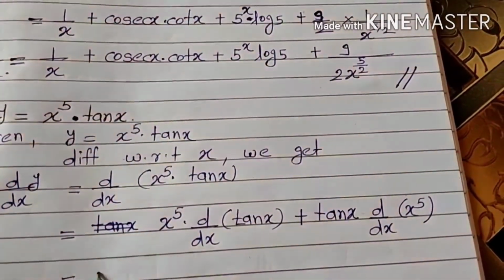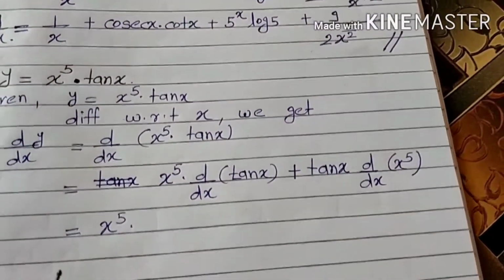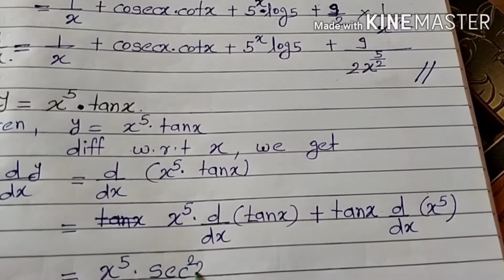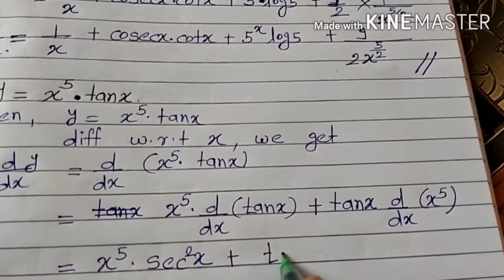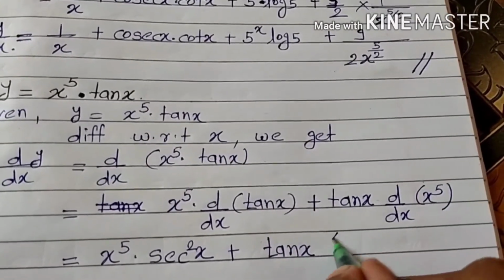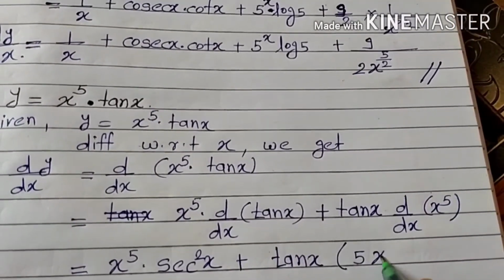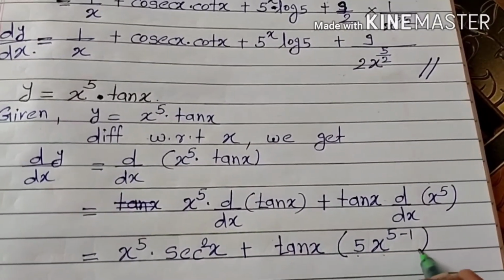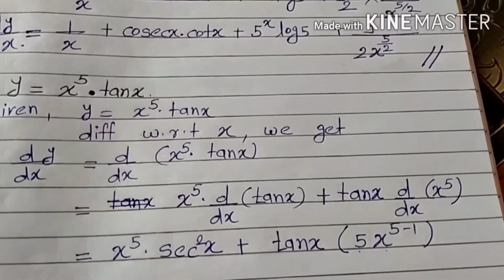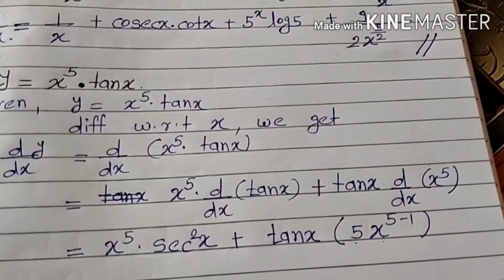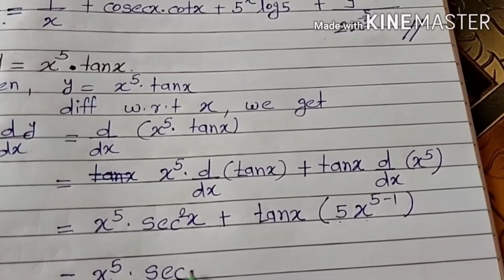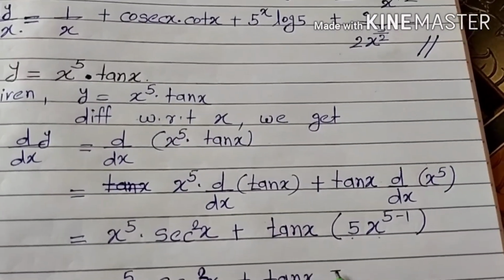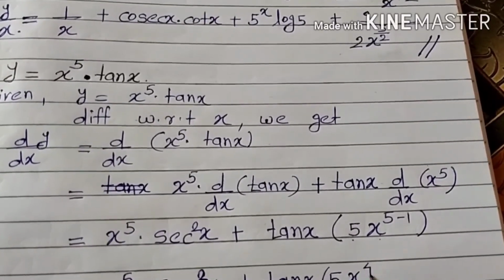So here x raised to 5, and we know that derivative of tan x is sec square x, plus tan x, and derivative of x raised to 5 is 5 x raised to 5 minus 1. Derivative of x raised to n is n x raised to n minus 1. So it is x raised to 5 into sec square x plus tan x, and that is 5 x raised to 4.